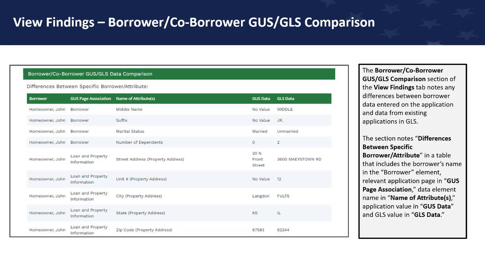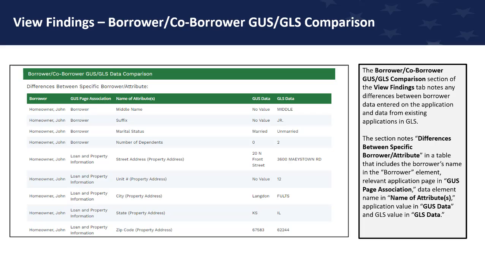The following data elements are included in the comparison. Number of people in household. Are there any disabled persons living in the household? First name, middle name, last name, suffix, date of birth, citizenship, marital status, number of dependents. Did you or your deceased spouse ever serve or are currently serving in the United States Armed Forces? Street address, property address for the subject property of the loan.